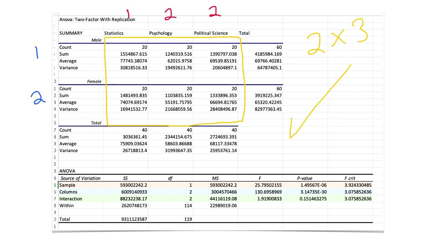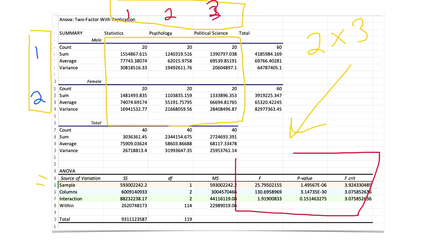Now when we look down here and we look at the results of the ANOVA, what we see is there's sample and column results. The sample results are the differences that we've seen here. The column results are here. Oh, that's a 3. Sorry about that. Now if we look down here, down in this area right here, we can see that when we're looking at the sample results, 1 and 2, is there a main effect for gender?